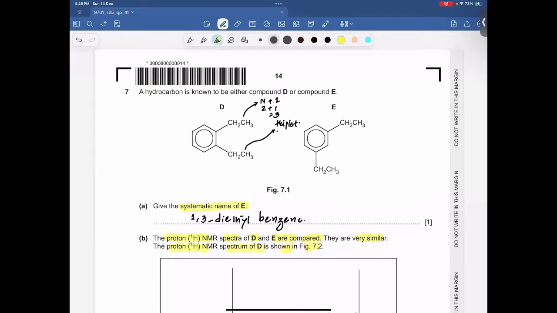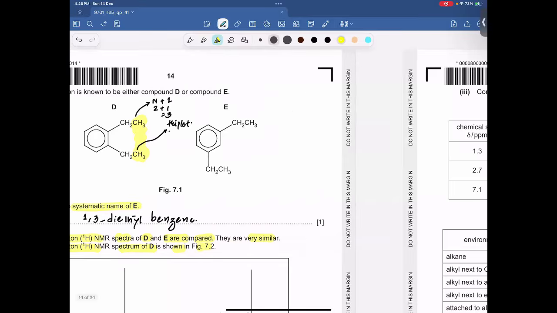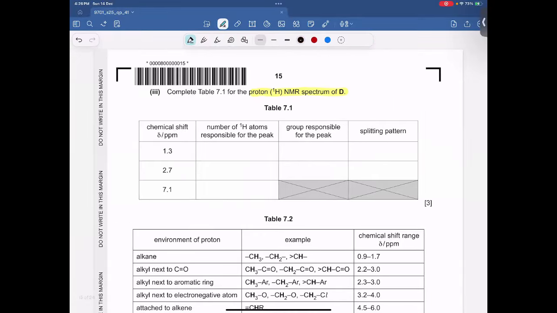Technically both these CH3 groups have the same chemical environment, so the 6 hydrogens show a triplet peak. The number of hydrogen atoms responsible for the peak is 6, because both CH3 have the same chemical environment. Group responsible for the peak: CH3, and splitting pattern: triplet.